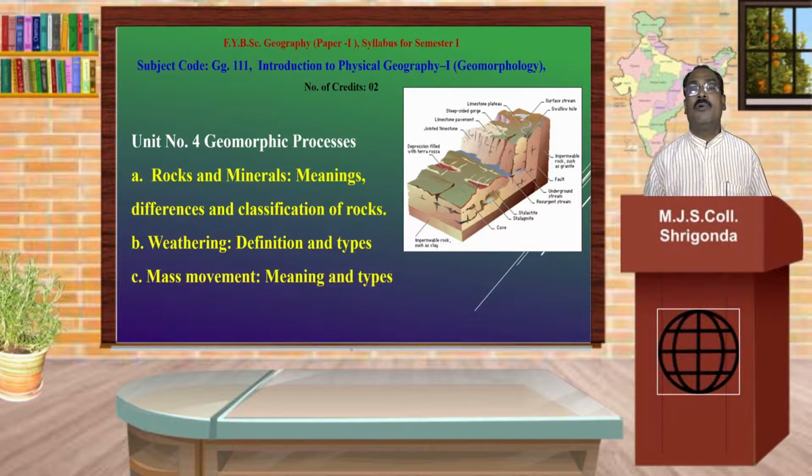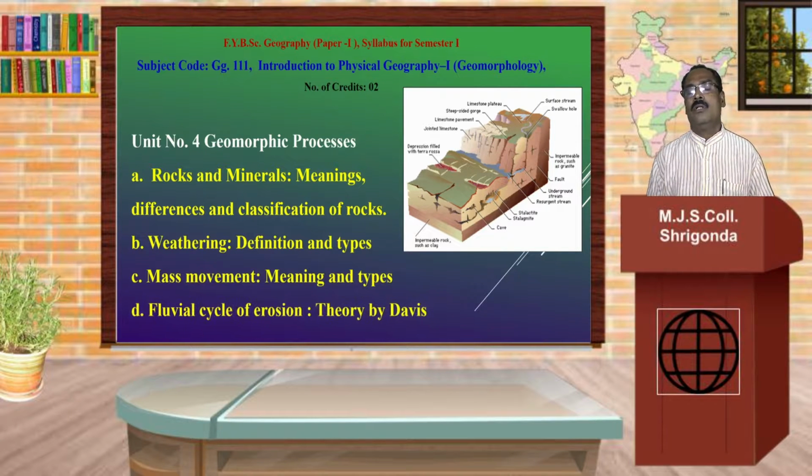And the third point, mass movements: the meaning of mass movement and types of mass movements. And lastly, the fourth point covers the cycle of erosion, the theory of Davis.